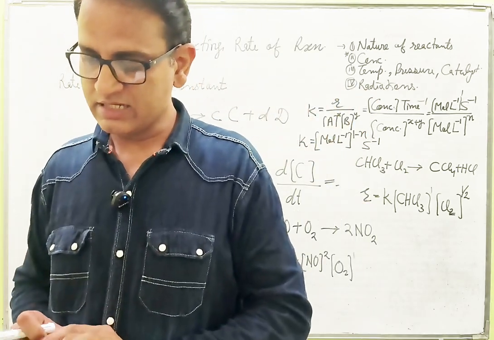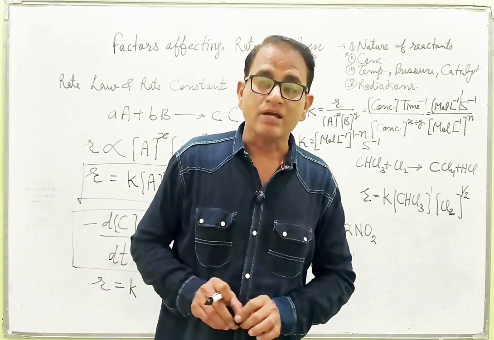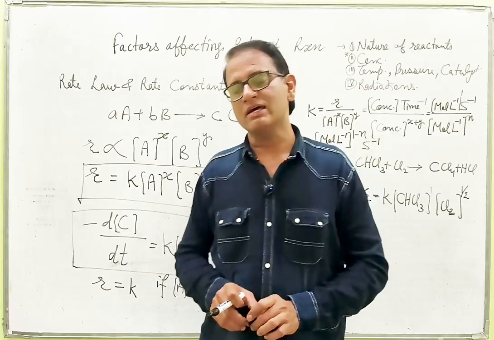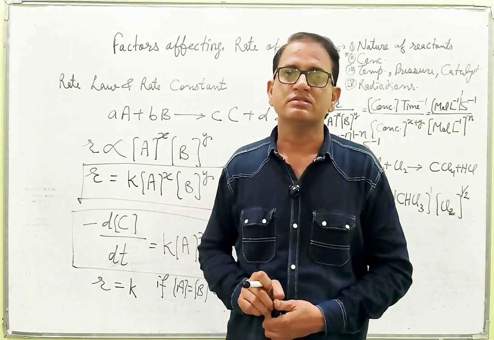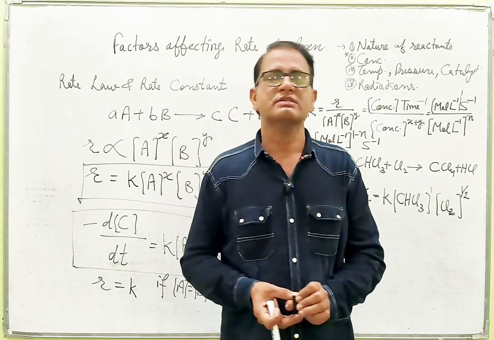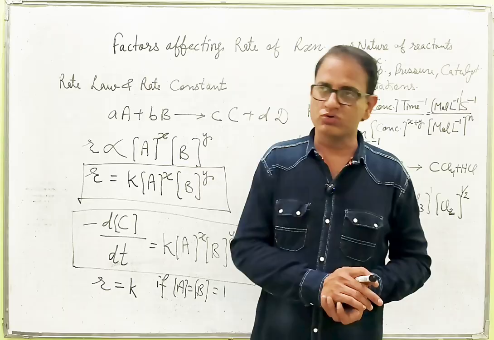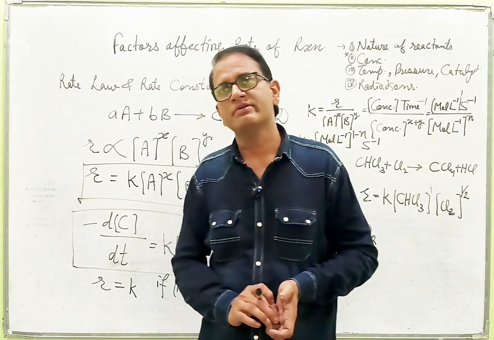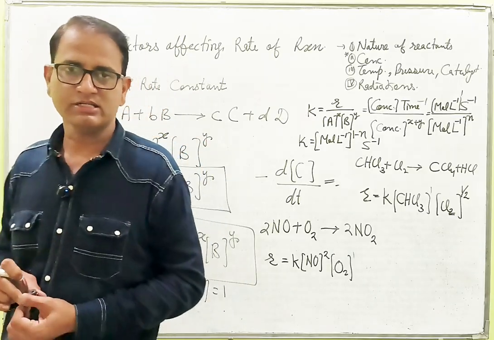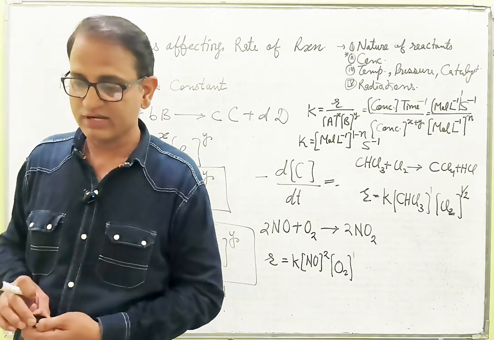A reaction taking place in one step is called an elementary reaction, and then sometimes the order of reaction equals the stoichiometry. But most reactions take place in many steps, so x plus y cannot be determined by seeing the reaction, and that is what is called the mechanism of the reaction.